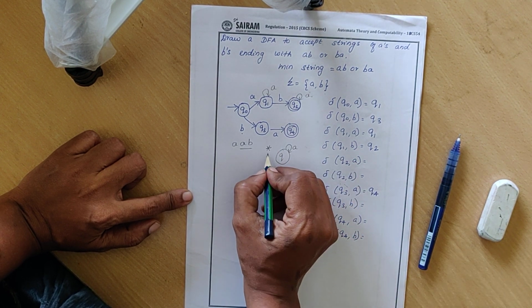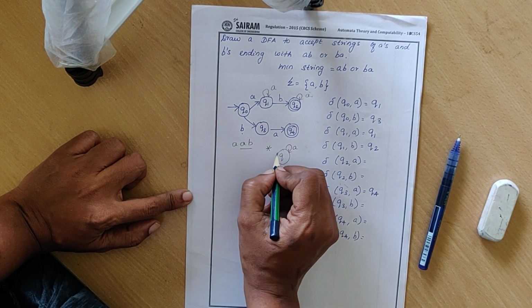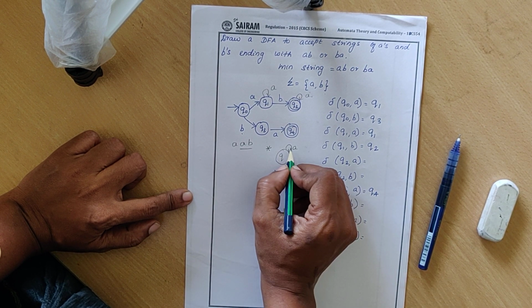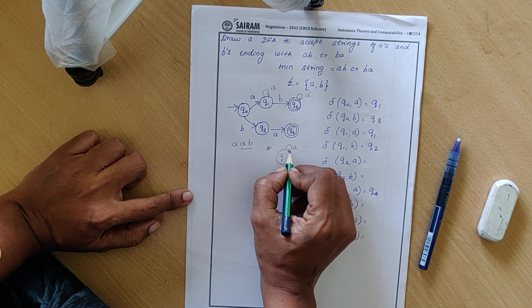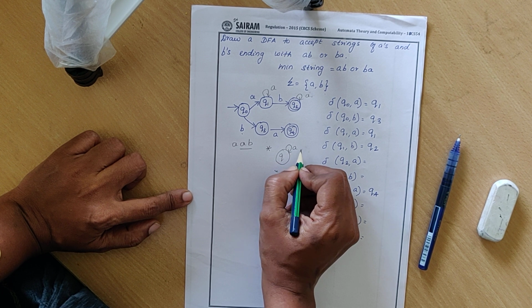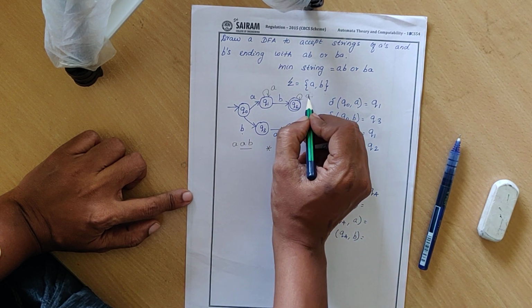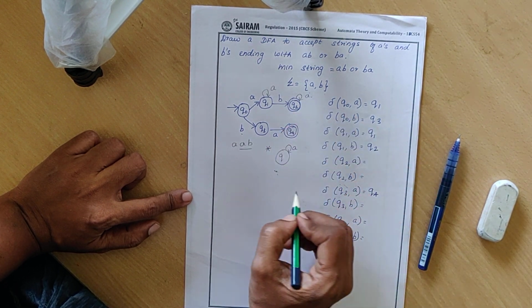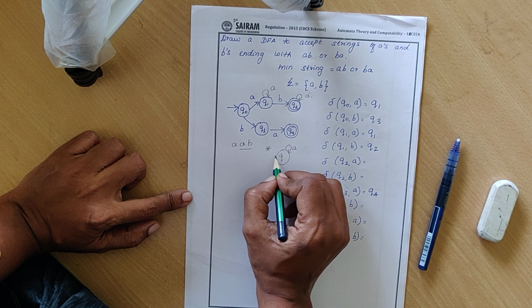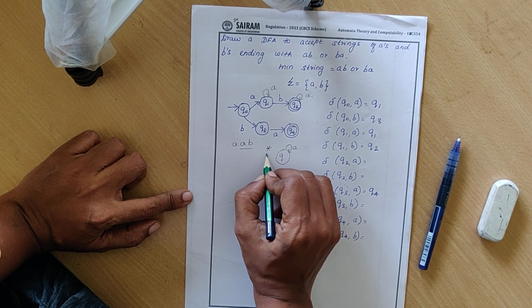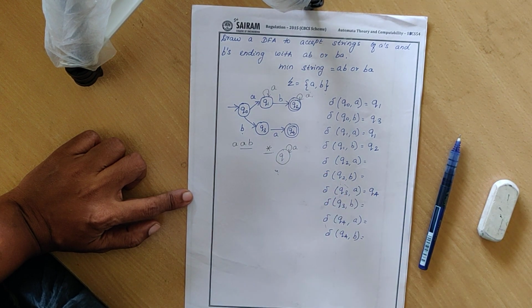You know star takes null or more occurrences. So I can have single A, 2A, 3A, that is more occurrences of A, or I cannot have anything. This can be null also.